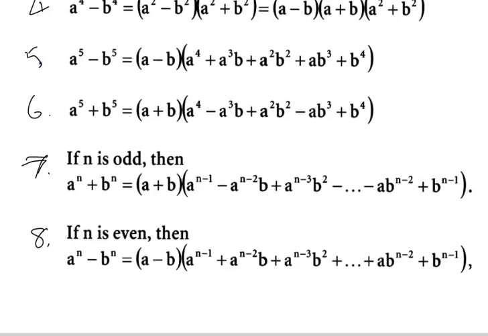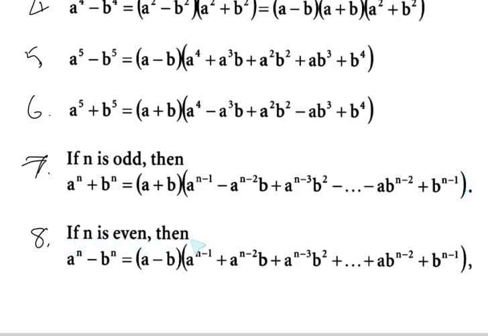If n is odd, then a power n plus b power n is equal to a plus b into a power n minus 1 minus a power n minus 2 into b plus a power n minus 3 into b square minus and so on, minus a into b power n minus 2 plus b power n minus 1.